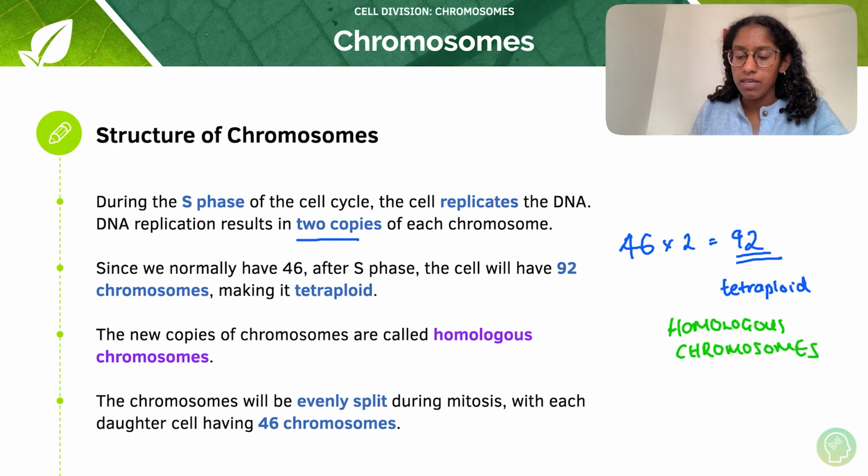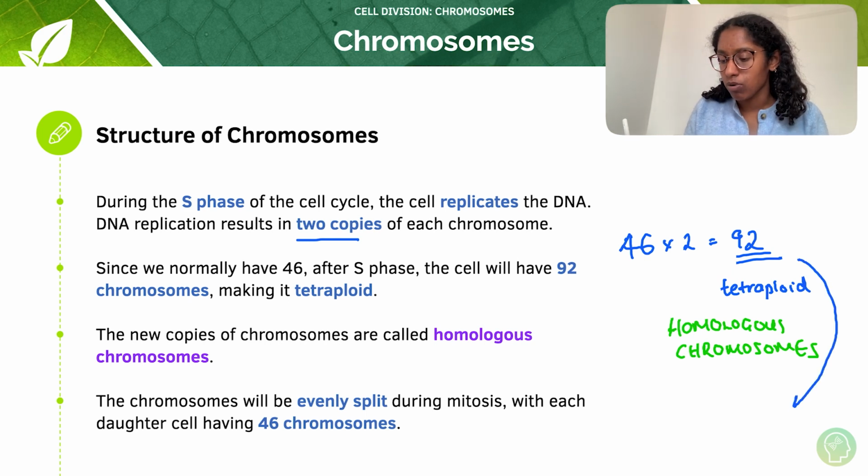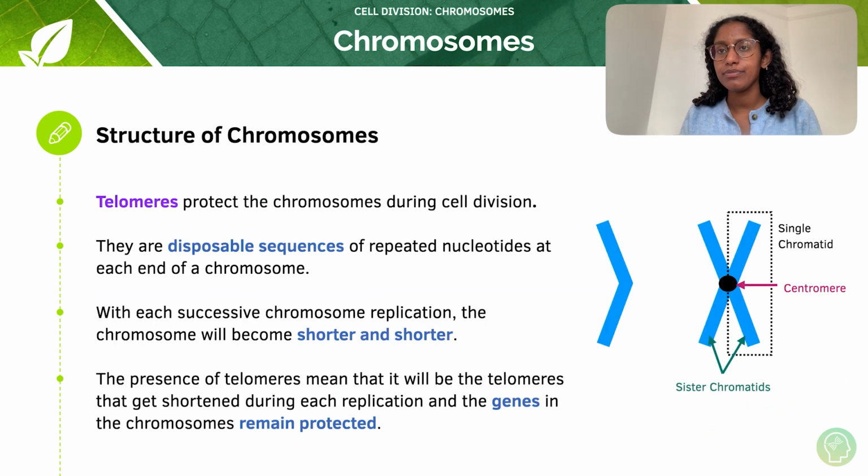So the copied chromosome pairs with the one that it was copied from, and those are homologous chromosomes or homologous pairs. And ultimately, the chromosomes will be evenly split during mitosis, with each daughter cell splitting that tetraploid up. And overall, each daughter cell will have 46 chromosomes.